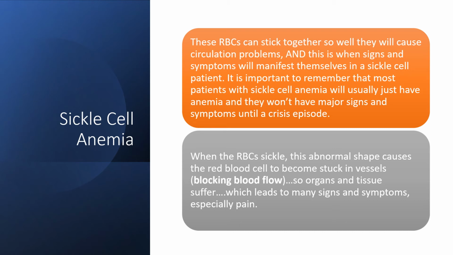So organs and tissues suffer, which then leads to what we see in the patient. The patient is in pain. So we need to get rid of the crisis, because we know that the patient normally is anemic anyway. It's the crisis that really aggravates this process.